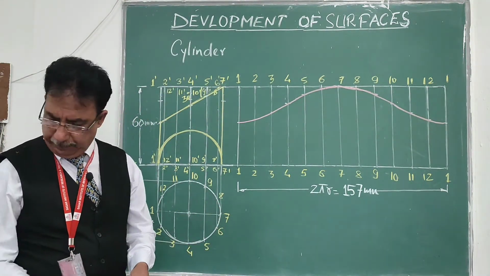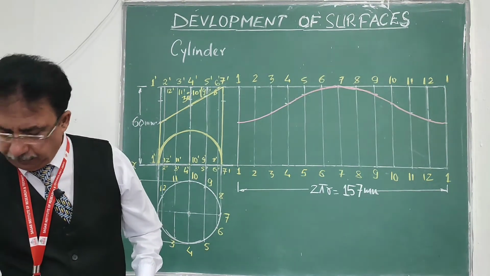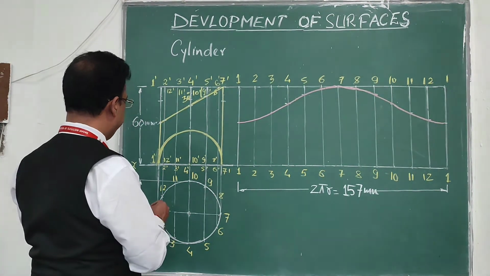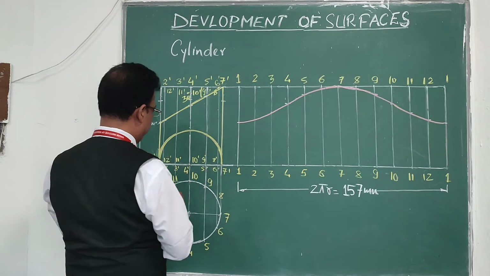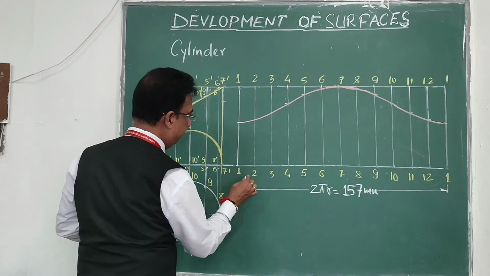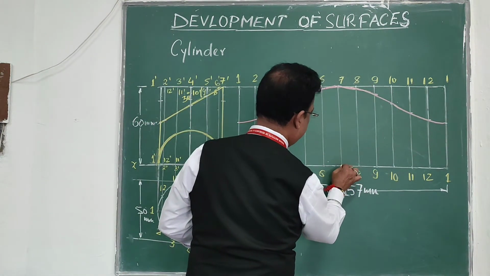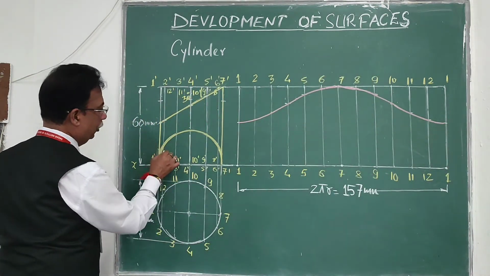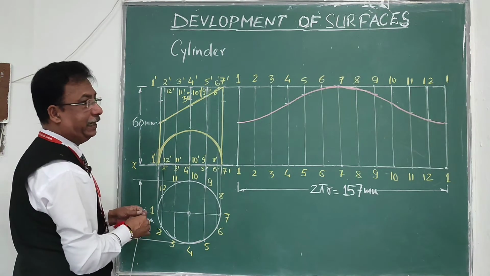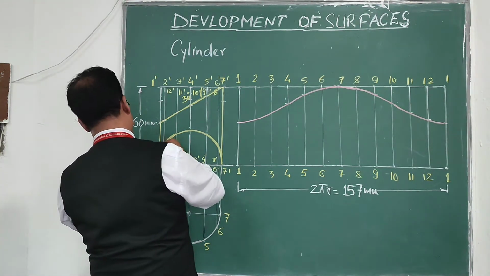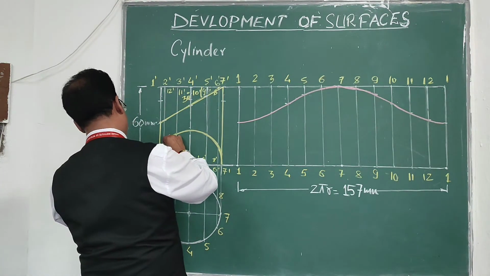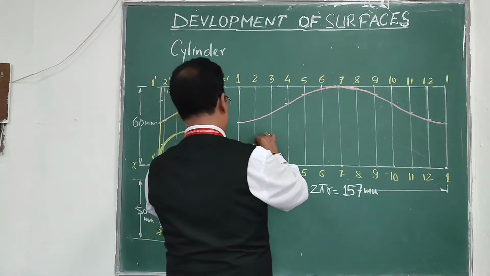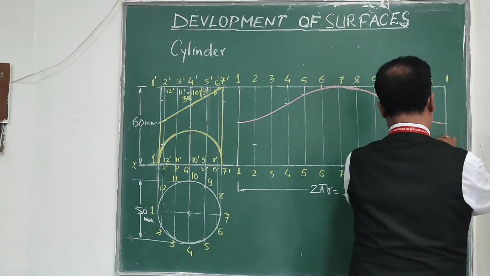Same for this lower part also. We can shift these points in the development. Initially the point will be on 1, so this is 1 point, then here will be 1 point on the 7, again on the 1, then next will be on 2 and 12 at the same height on 8 and 6. So this distance will be for 2 and 12.